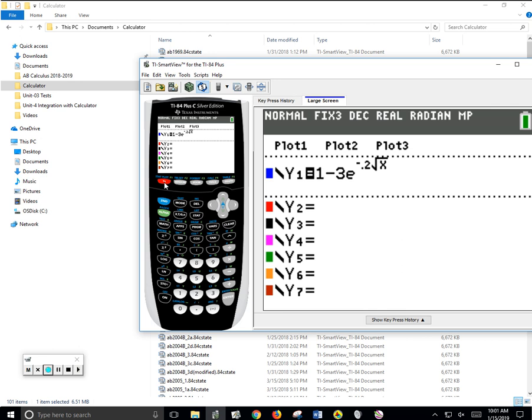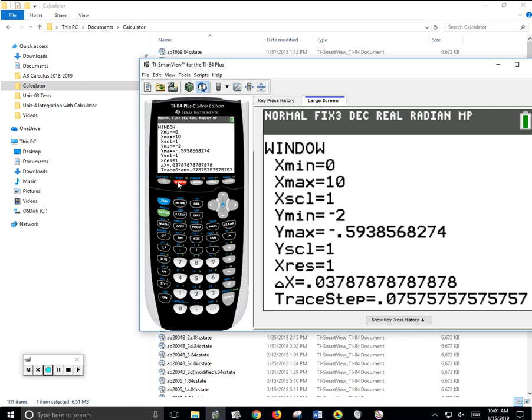So what I do is I always window 0 to 5, and then I just keep windowing until I get a picture that I feel comfortable with. So I windowed 0 to 5, zoom fit.